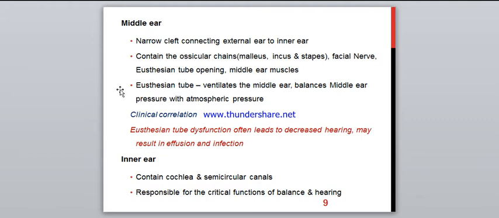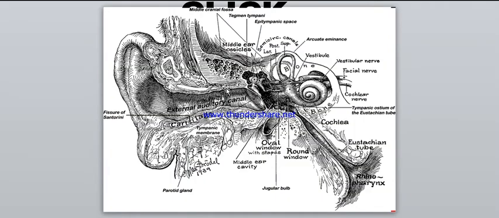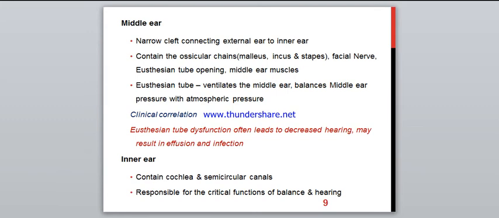It balances middle ear pressure with atmospheric pressure, because it is connected with the nasal cavity, the nasopharynx. It connects the middle ear to the nasopharynx, and this balances pressure in the middle ear.